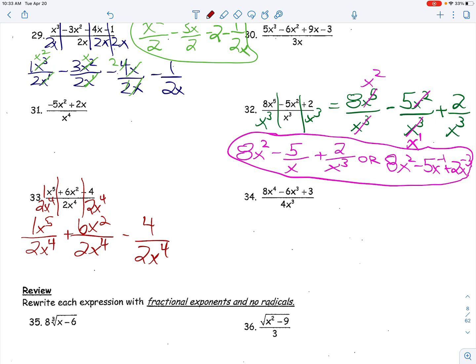Okay. So, 1 over 2, we're just going to leave as is. We have an x^5 over x^4. They'll cross out, and you're going to have 1x left over in the numerator.